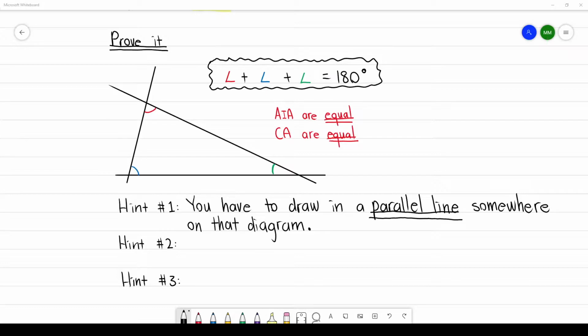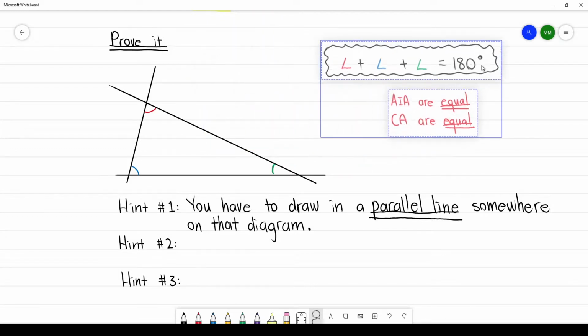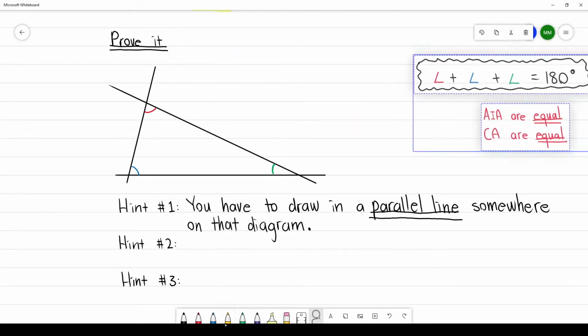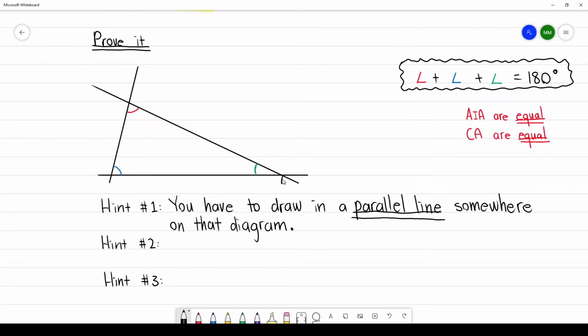So draw a parallel line at green equal. Okay, so do you mean like, what do you mean green equal? So like this? Like a parallel line over here?